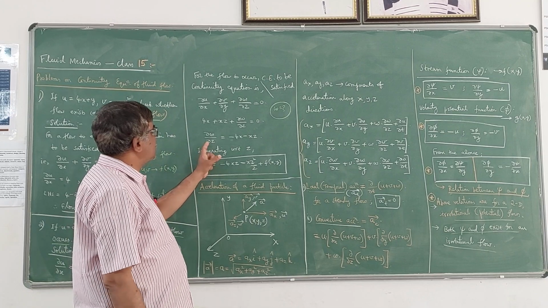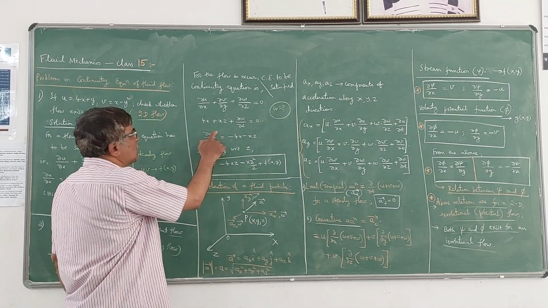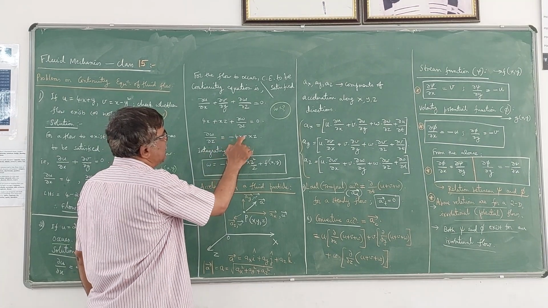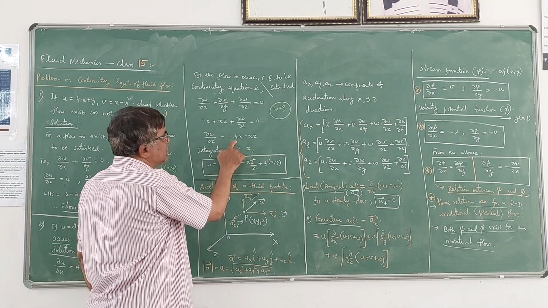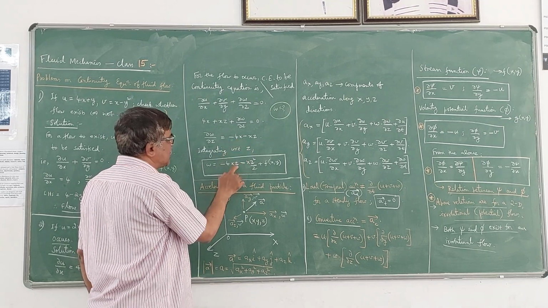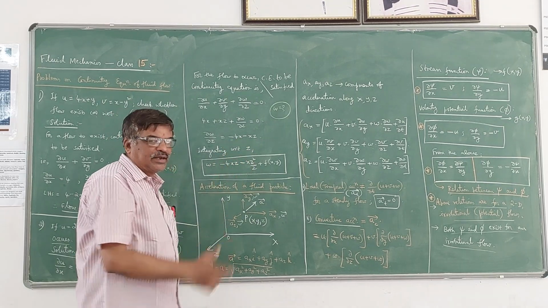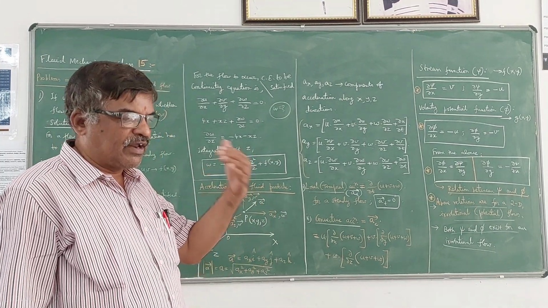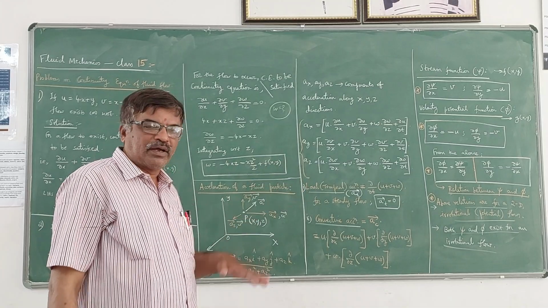If you integrate with respect to z on both sides, the integration of dou w by dou z will be w, equal to, treating x and y as constants, minus 4x into z, because the integration of a constant with respect to some variable is the constant multiplied by that variable.